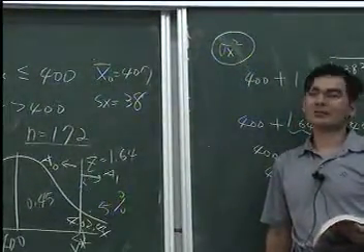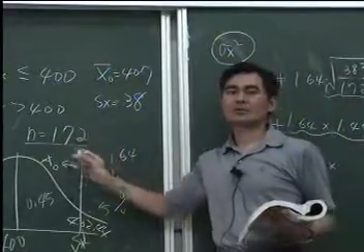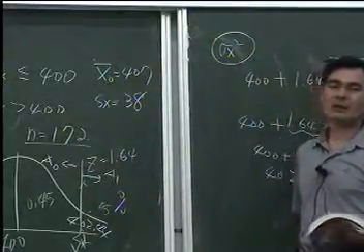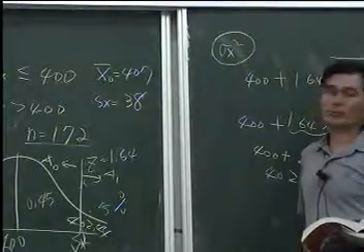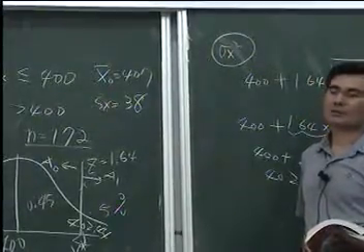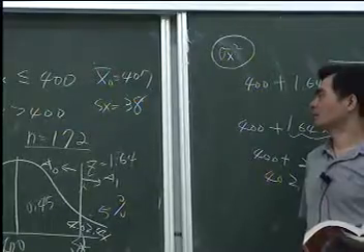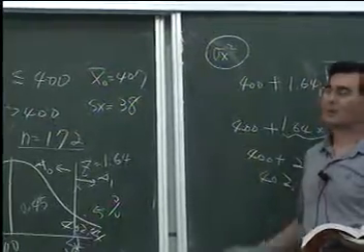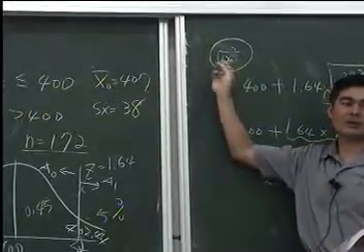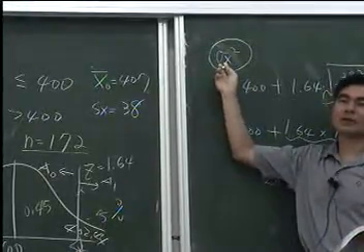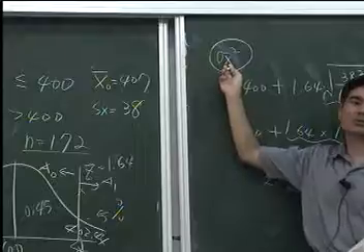Basically, if the sample size is large, then we use the normal distribution. On the other hand, if it is small, then we use the t-distribution. And of course, when the population variance is unknown, we may also choose to use the t-distribution.